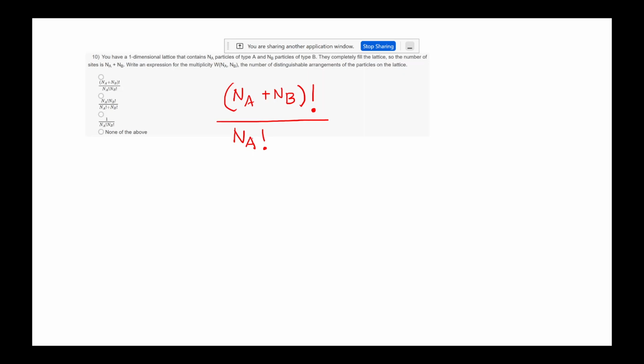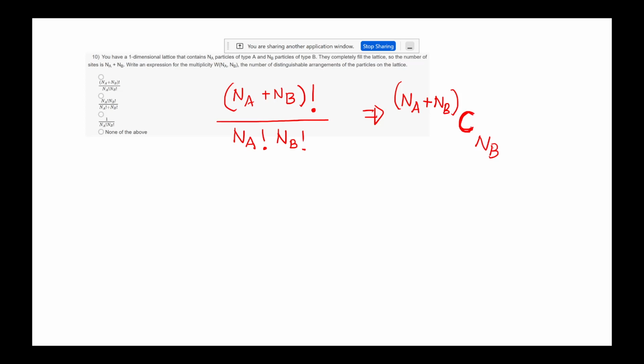Now we have to cancel it, depending on how many A particles and how many B particles there are. Or we can write it as: from Na plus Nb sites, we have to choose Nb sites where we can put B type particles.